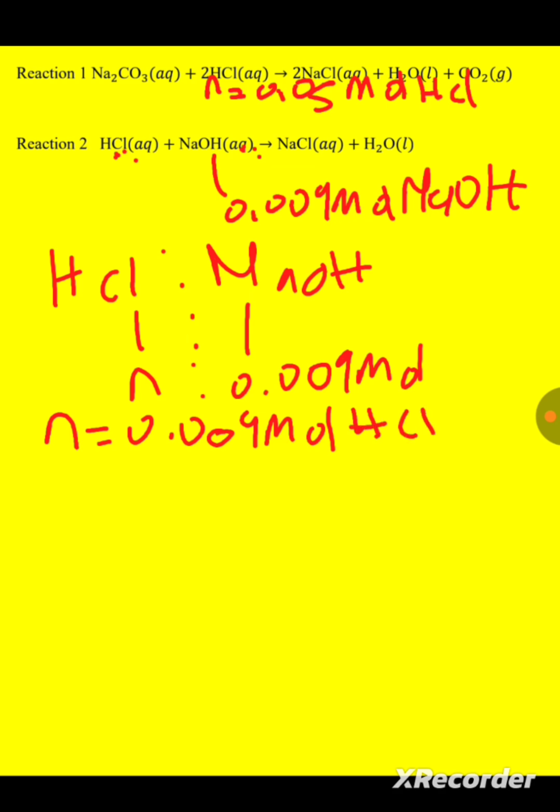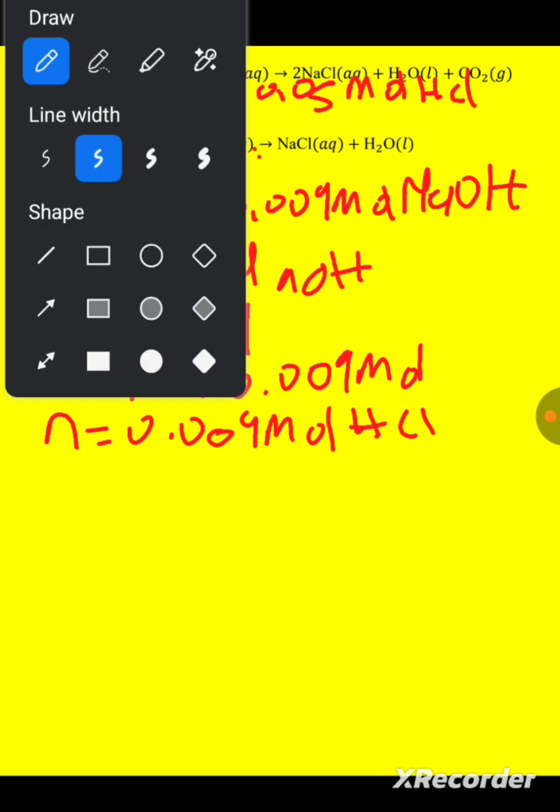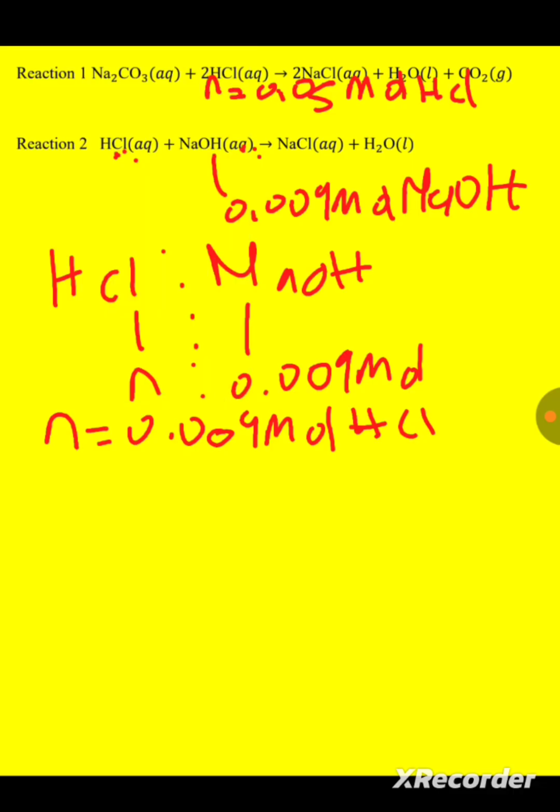Right. Now I start classifying this number of moles. This number of moles that I've calculated for HCl is the initial number of moles. This number of moles that I've calculated for HCl here is the excess number of moles, the number of moles that were left over.